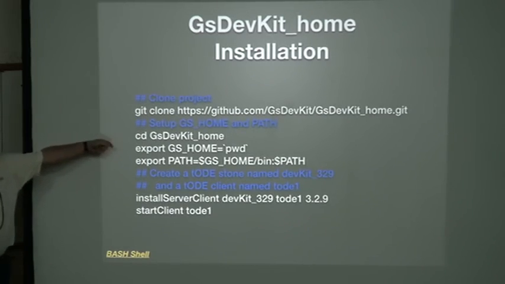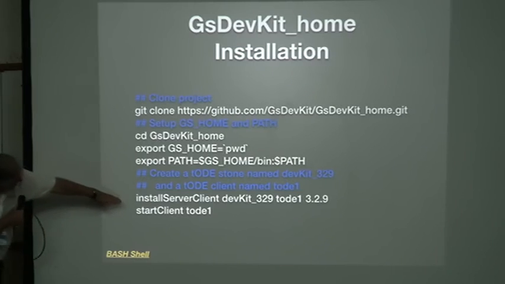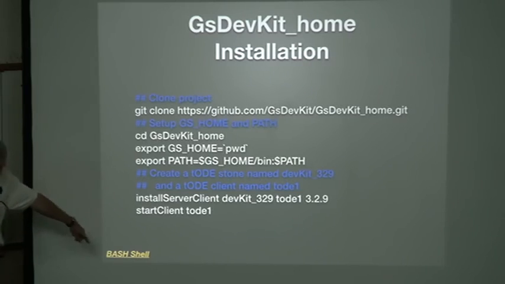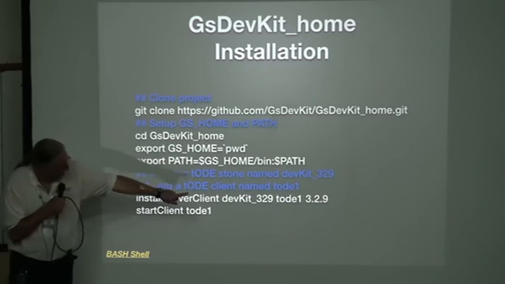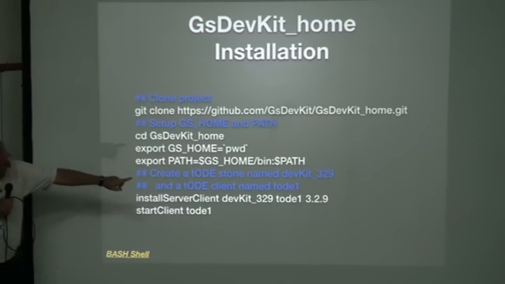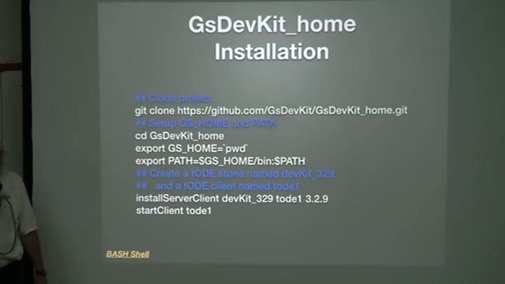The GS_HOME points to the home directory of your installation, and you export your path. Then you run the script install server client. It creates a stone named devkit_329, and a tODE client, for version 3.2.9 of GemStone, and then you run start client tode 1. This install server client starts the stone, installs tODE, and gets everything running for you.